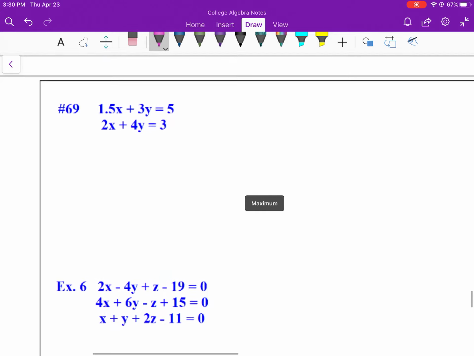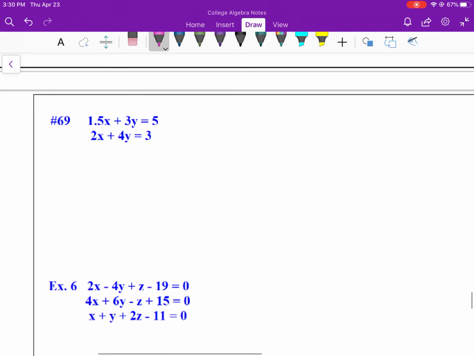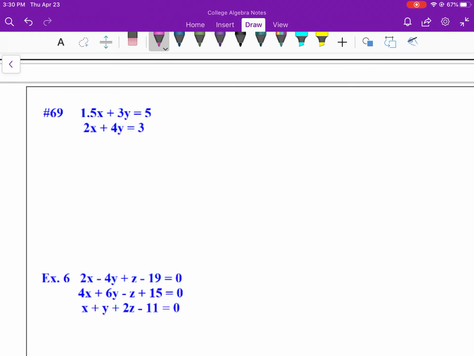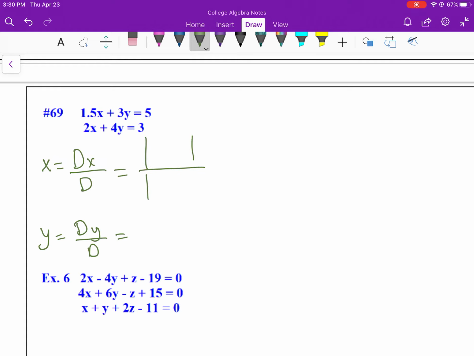Okay, this is number 69. So I'm going to check it out first. Do I have my x's and y's lining up? I sure do. So I'm ready to go with Cramer's rule. Oops, I have a mistake here. There we go.